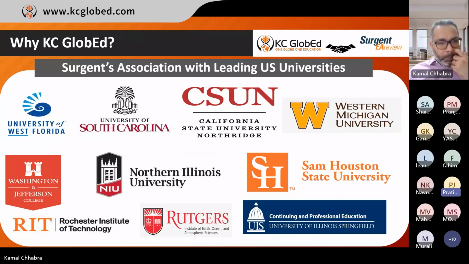Sir, for US taxation, is EA sufficient or is CPA also required? If you do this enrolled agent course, almost 2 subjects of CPA are done in terms of study. We also teach CPA. I have written a couple of my own books on CPA, US taxation for CPA, as well as a book for enrolled agent.